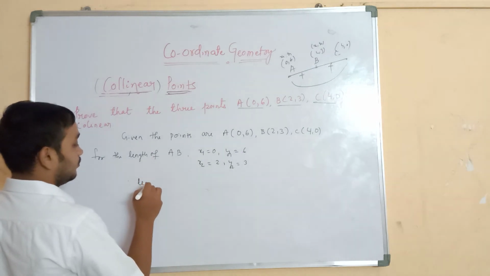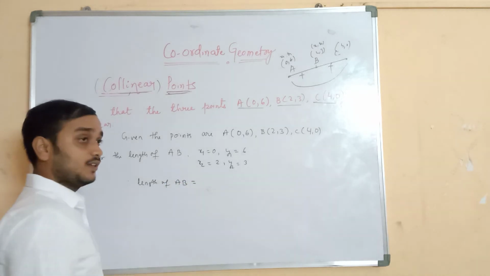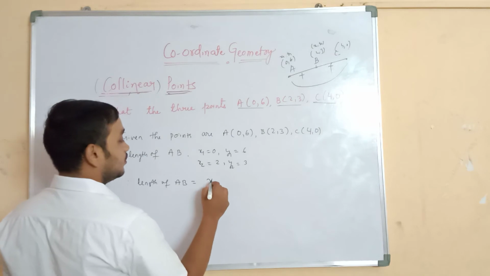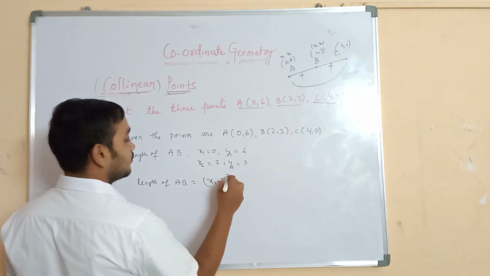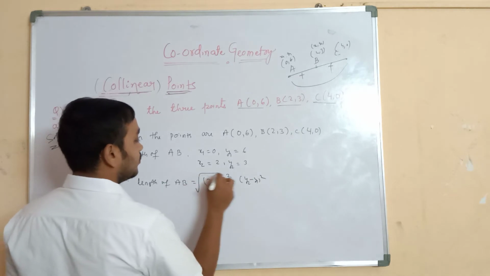Therefore, length of AB, or distance, is the square root of x2 minus x1 whole square plus y2 minus y1 whole square.